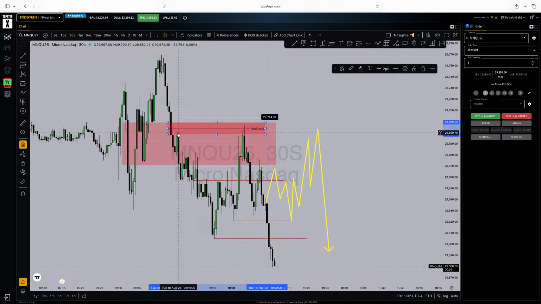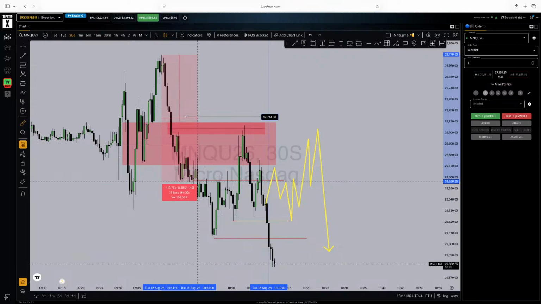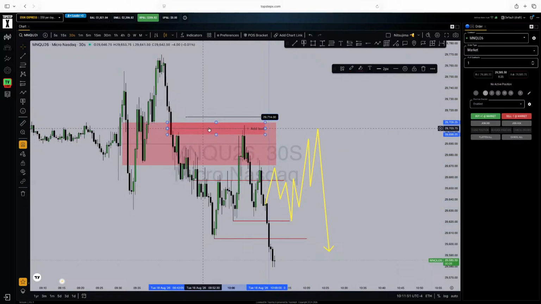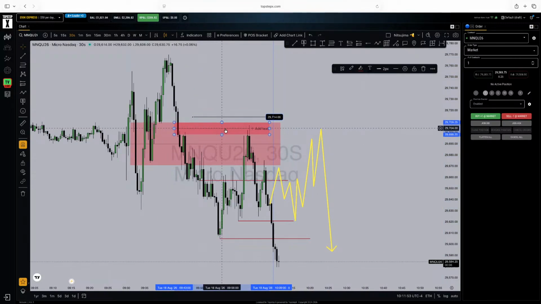We have liquidity right here resting above 50% of the range, and we know that's 50% because you can eyeball it. So where's 50% of the range? Right here. So where's liquidity above that? Right there, that high, and there's inefficiency. We have two inefficiencies, two layered sell side imbalance, buy side inefficiencies in the same spot. So that's one and two reasons why we should be going short.